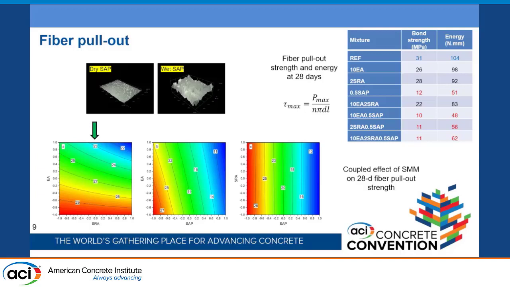So it absorbs a lot of water, swells, and releases the water for internal curing purposes, and then leaves voids in the matrix, which reduces the mechanical properties. The best system based on the contour graphs derived from the statistical analysis was the combination of expansive agent and SRA.